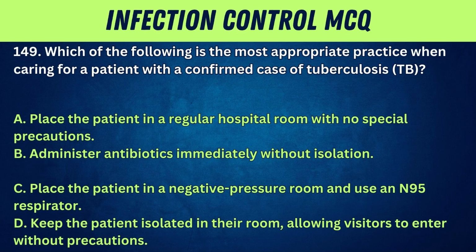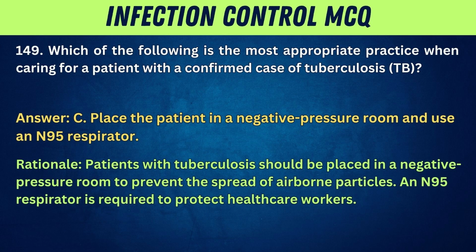D. Keep the patient isolated in their room, allowing visitors to enter without precautions. Answer: C. Place the patient in a negative pressure room and use an N95 respirator. Rationale: patients with tuberculosis should be placed in a negative pressure room to prevent the spread of airborne particles. An N95 respirator is required to protect healthcare workers.